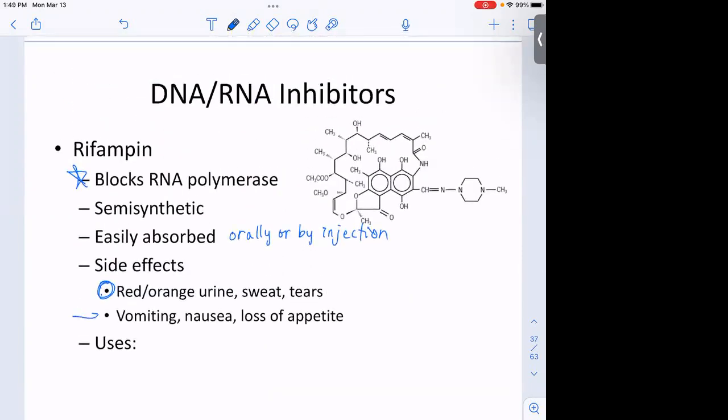Patients do often experience some nausea, maybe some vomiting, some loss of appetite. So it does have some side effects, so we're typically not using this drug for run-of-the-mill childhood illnesses.